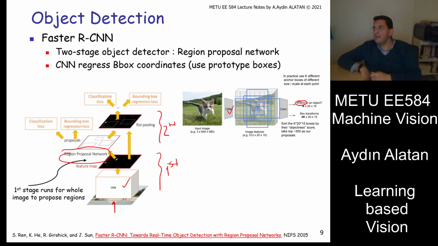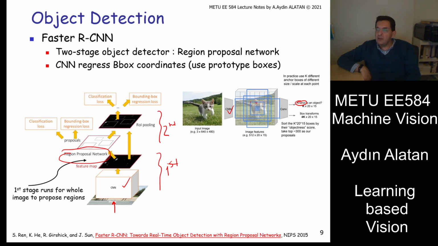An anchor is a predetermined set, like six different types of rectangles, where you are trying to estimate one of the anchors. Those anchors are like squares or longer rectangles or wider rectangles.